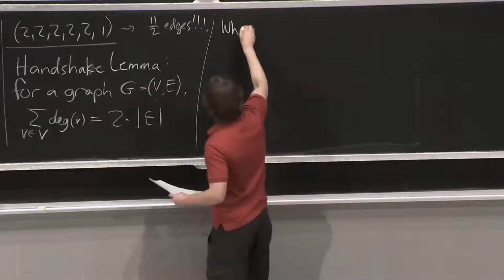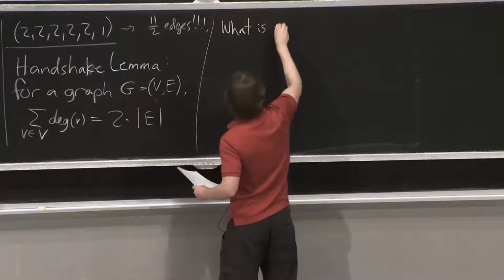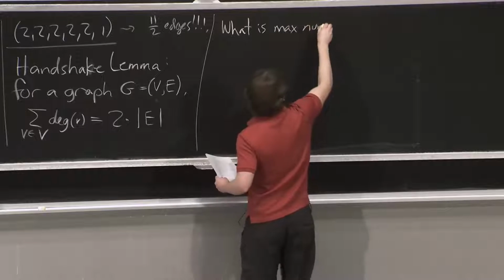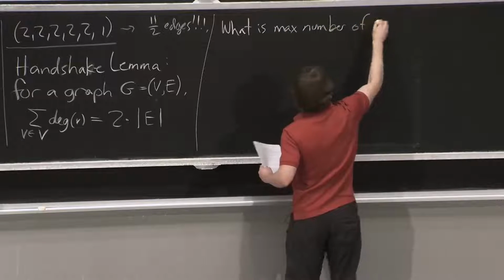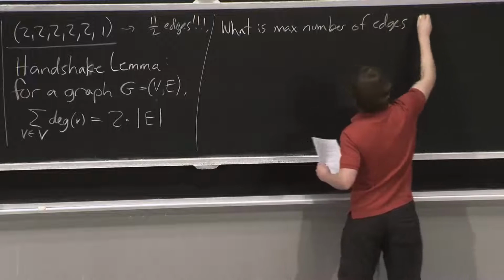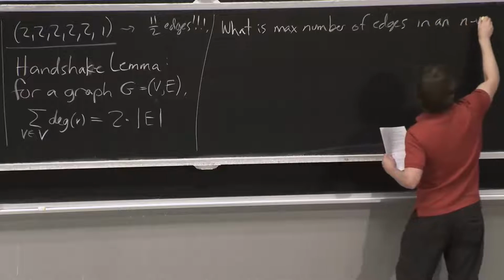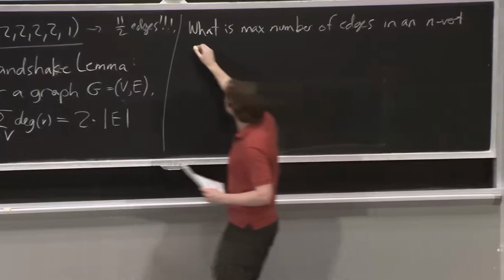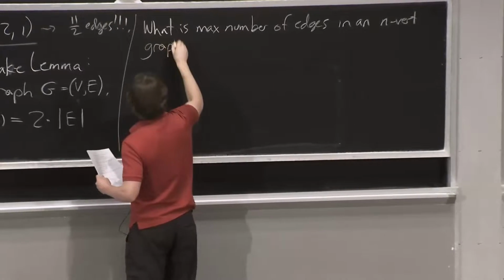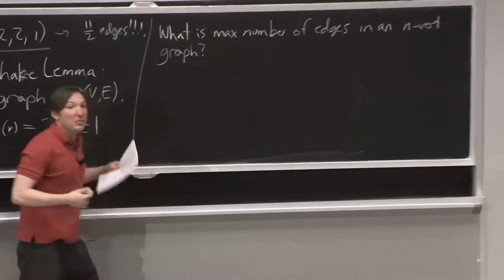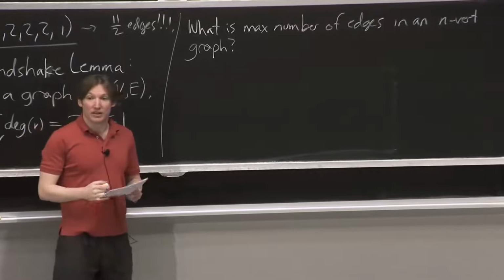What is the maximum number of edges in an n-vertex graph?